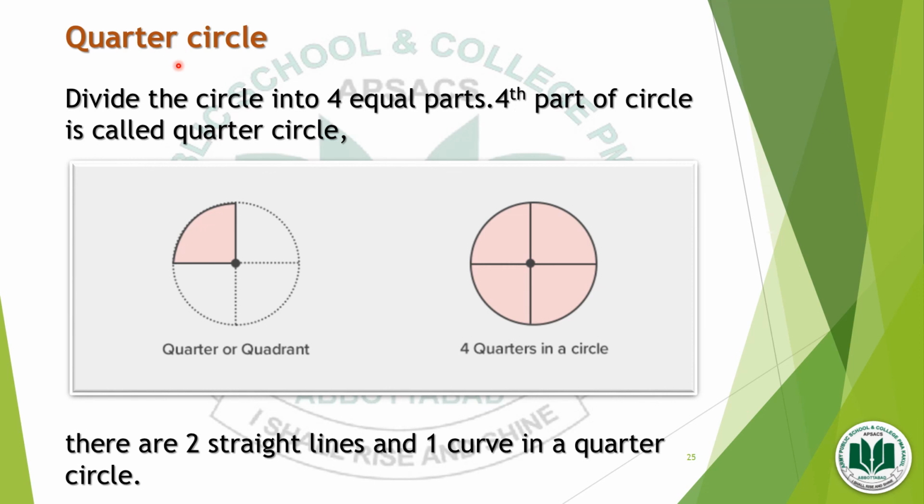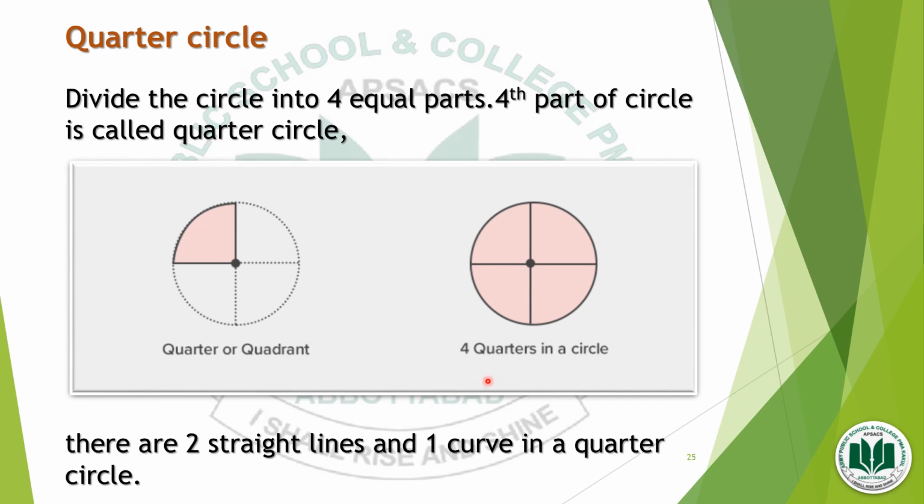Quarter circle. If we divide any circle into four equal parts, then each part is called a quarter circle. This is a quarter circle, this is a quarter circle, quarter circle, then quarter circle. So we can say divide the circle into four equal parts. The fourth part of the circle is called a quarter circle.